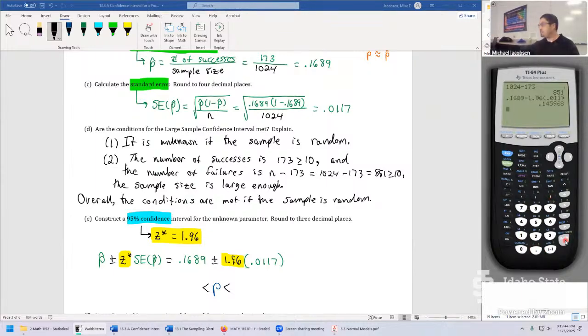Close the parenthesis, and this is our lower bound. It's 0.1460 and so on. Well, we're rounding to 3 places, so that would be 0.146 to 3 decimal places. So 0.146. Does that look okay to everyone at the moment?